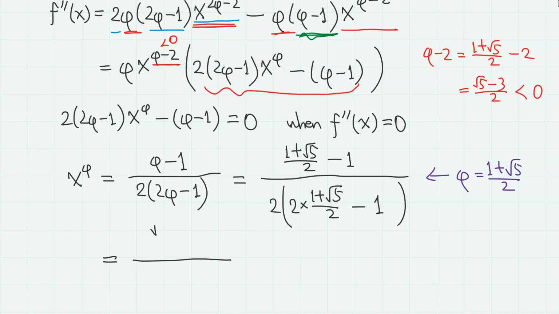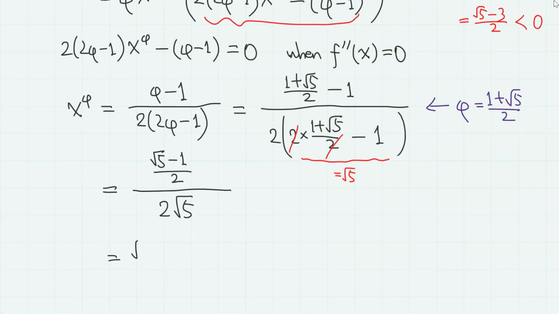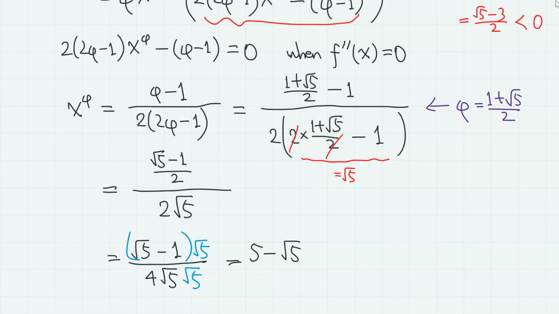So the numerator becomes (square root of 5 minus 1) over 2, and the denominator becomes 1 plus square root of 5 minus 1, so simply square root of 5. So we have 2 square root of 5. So (square root of 5 minus 1) over (4 square root of 5). And by rationalizing the denominator, we have (5 minus square root of 5) over 20. And this is the value of x to the power of phi.